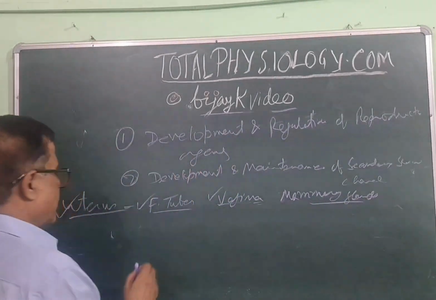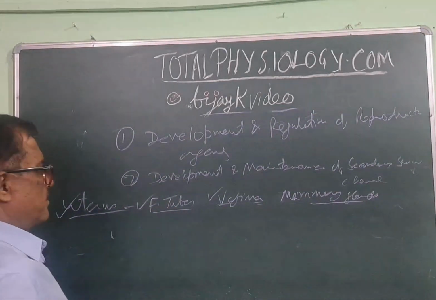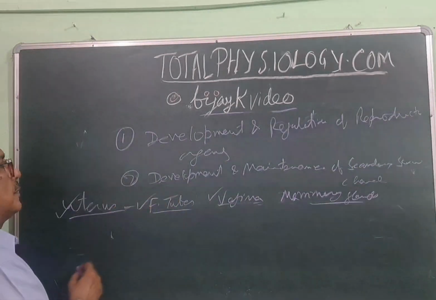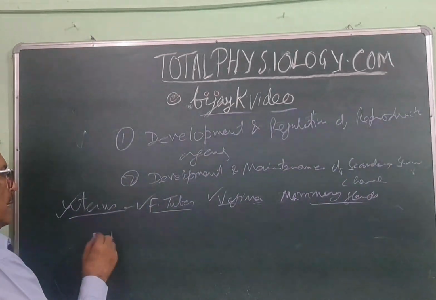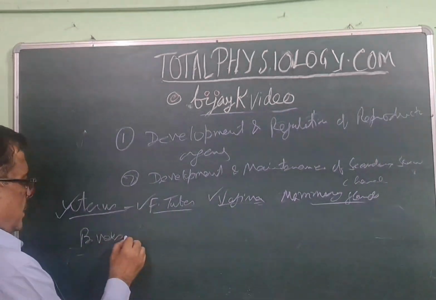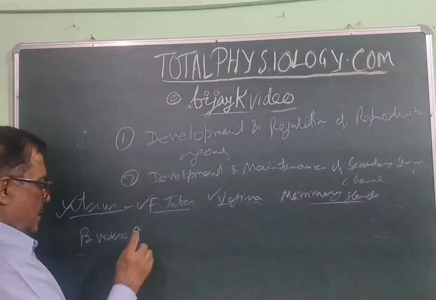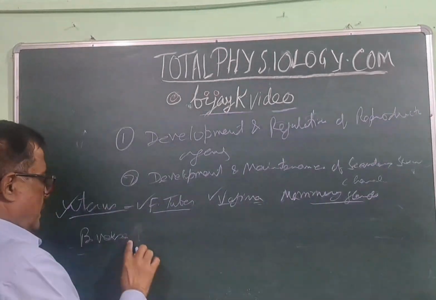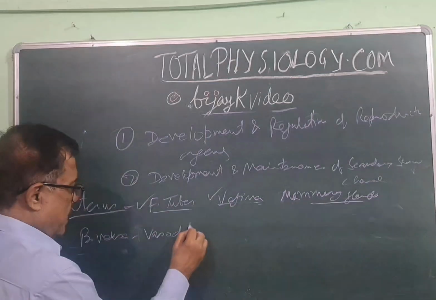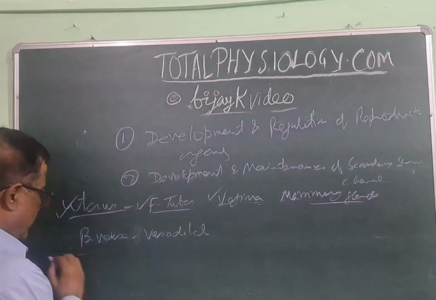These are the sites of function of estrogen. Now coming to blood vessels. It causes vasodilation. Number two, metabolism.